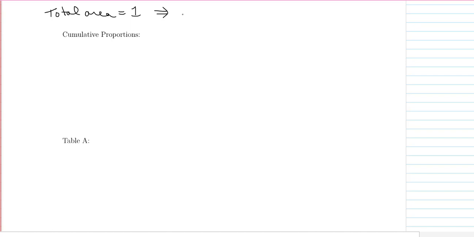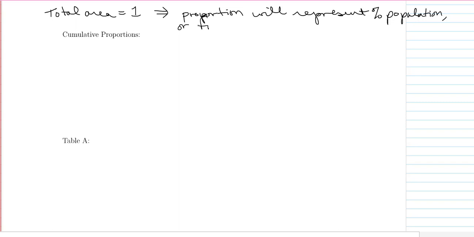By proportion, I mean any number between 0 and 1. Proportion will represent the percent of the population, or a fraction of the area under the density curve.